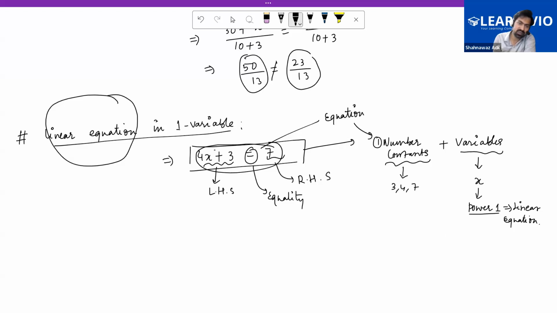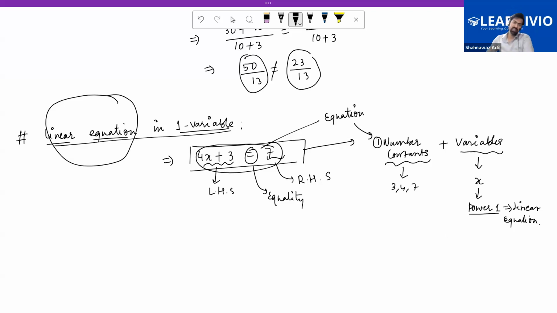Because this equation has the variable with power 1, this is a linear equation. And how many unknowns do you have? You have one unknown, X. You have only one variable. That is why it is called a linear equation in one variable. Is it clear?